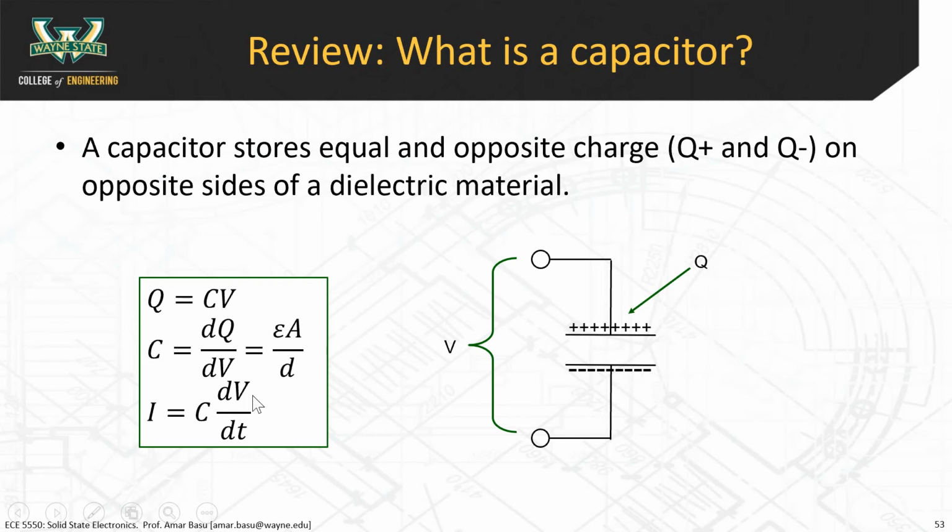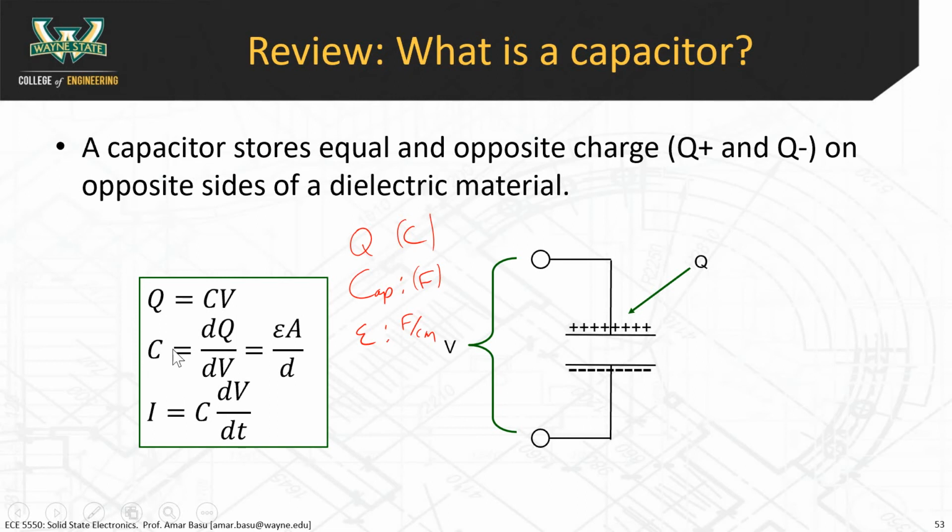The units for Q, charge, are coulombs. The capacitance C is given in farads. The dielectric constant epsilon is given in farads per centimeter. And voltage and current have their usual units.